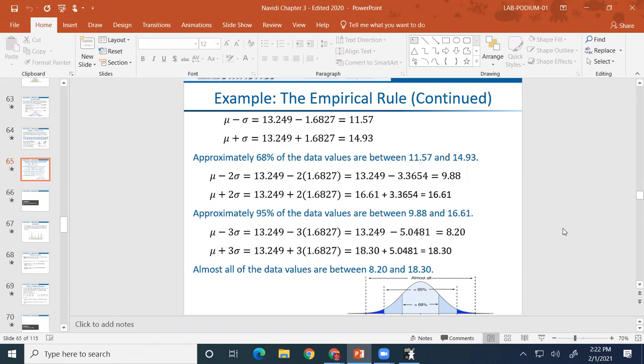So, subtracting one and adding one gives one standard deviation from the mean. So about 68% of the data lies between 11.57 and 14.93. So that's the boundary for 68% of the data: minus one standard deviation, plus one standard deviation. And that was your mean.